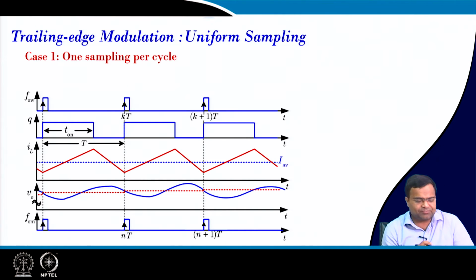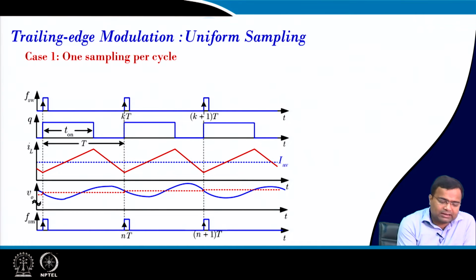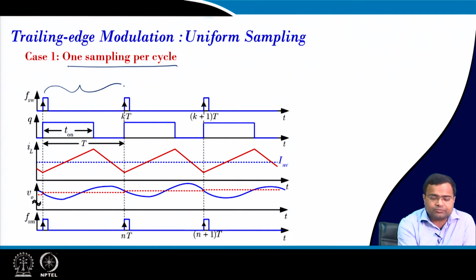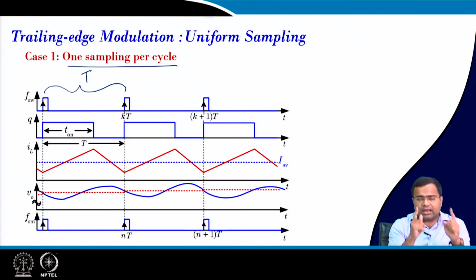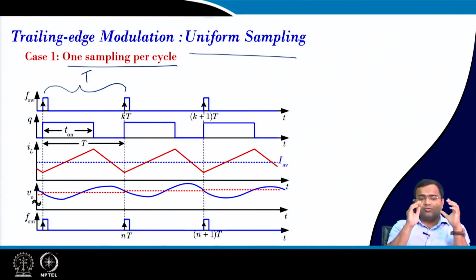Let us say here again the same waveform, but now we are sampling this voltage once per switching cycle. This is the duration of the switching cycle, and the time period is T. We are uniformly sampling, because this is under uniform sampling, once per switching cycle using a fixed frequency clock.